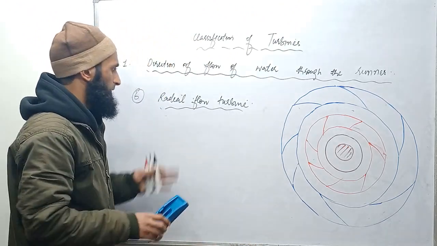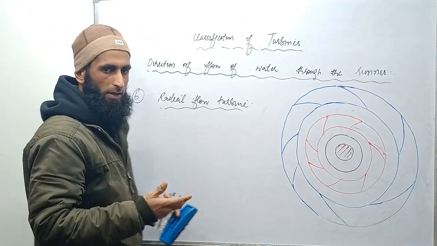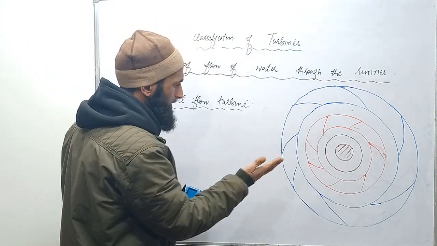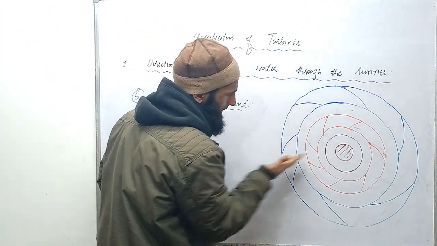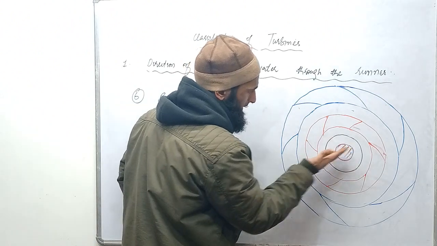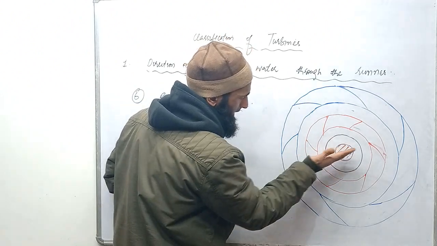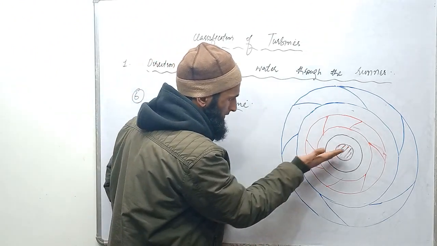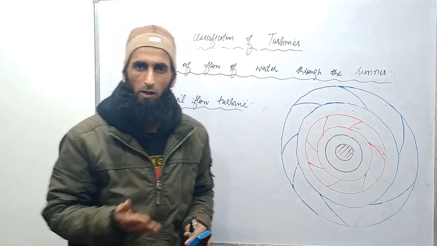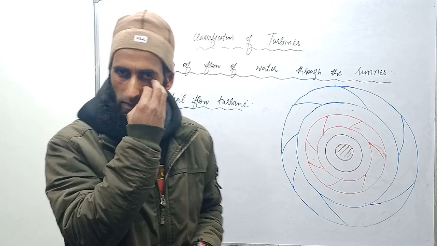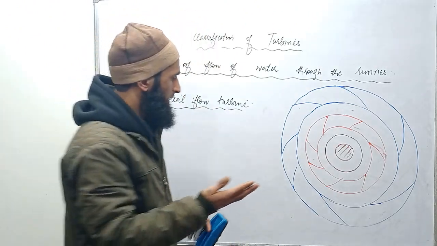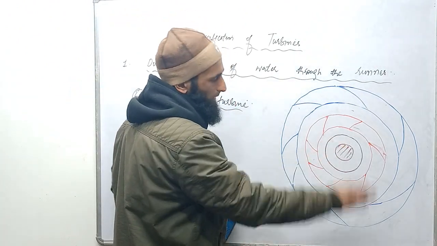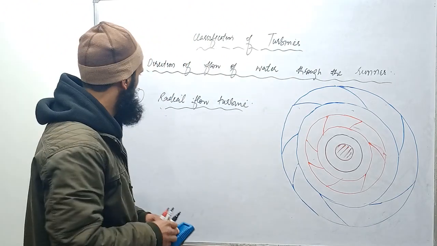A turbine is said to be a radial flow turbine when water flows through the runner radially, in the radial direction. This is the radial direction, that means along the radius. When water flows through the runner along the radius, or radially, that type of turbine is known as radial flow turbine.